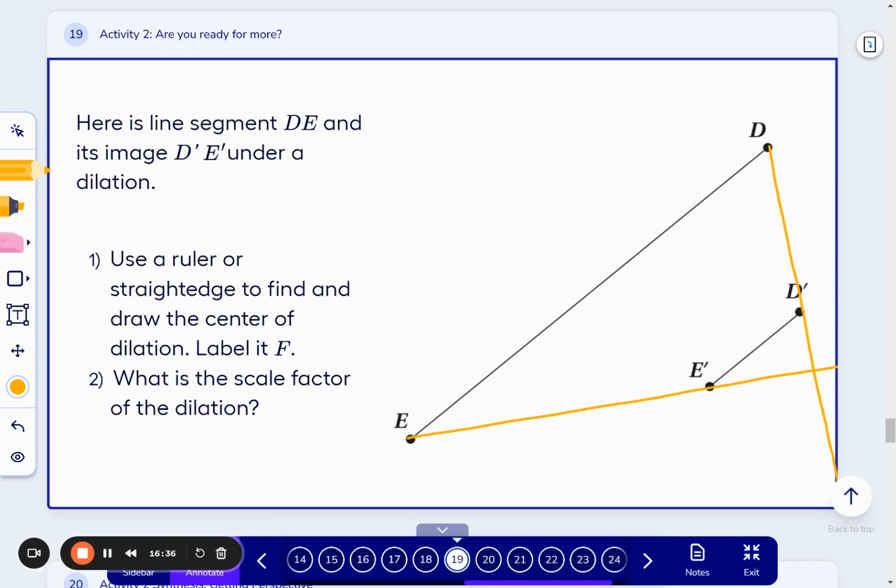And where those two lines meet, this would be your center of dilation, F. So then we can measure from E to F is 12. From E prime to F is 4. No, sorry, 3.